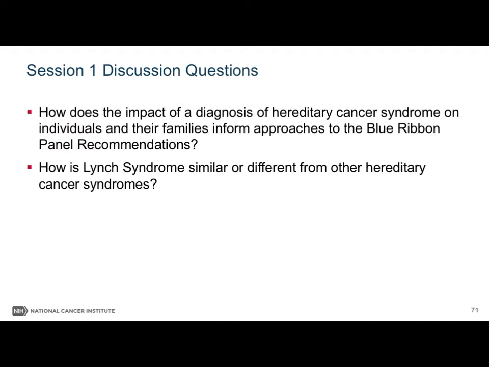So I think that if we are interested in relying on a tumor-based approach to identifying possible candidates for mismatch repair testing, it likely will itself be embedded in a much broader panel of testing for somatic mutations that is going to happen anyway.